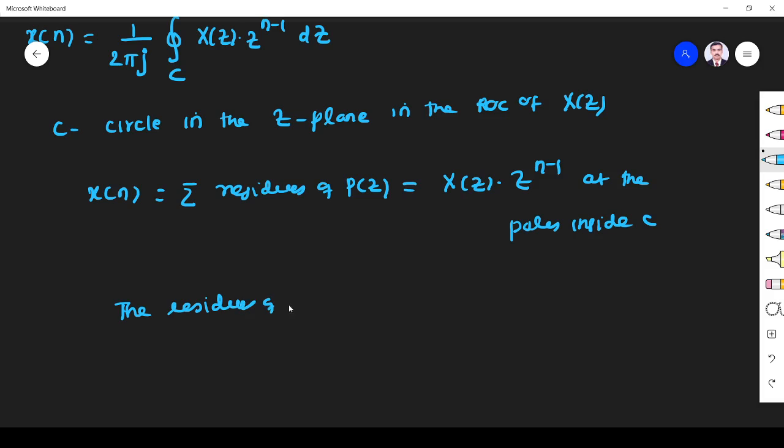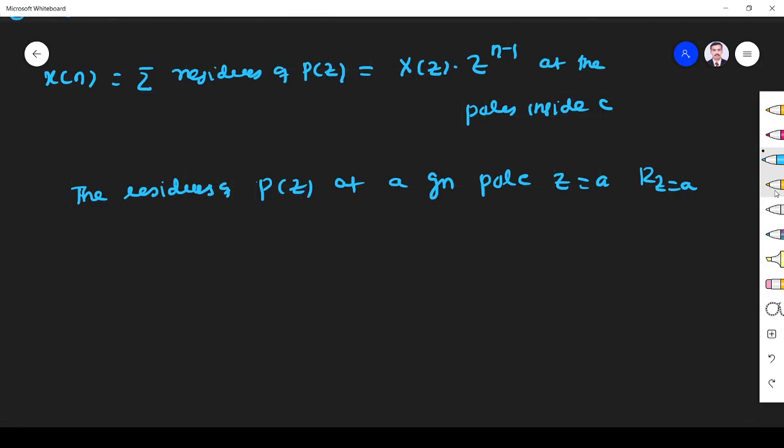The residue of P of z at a given pole z equal to a is written as R at z equal to a.